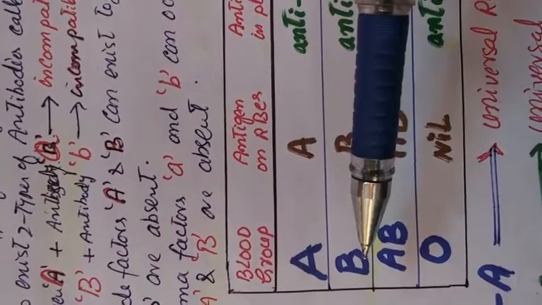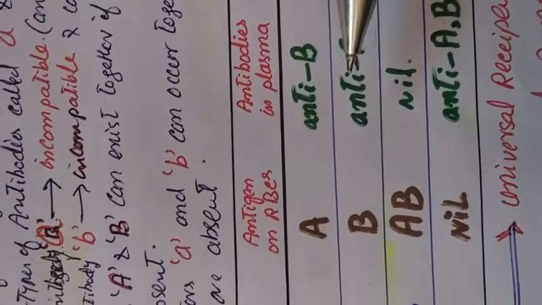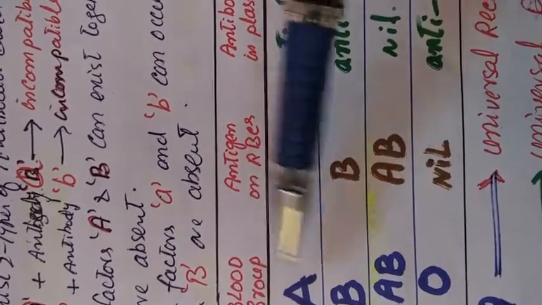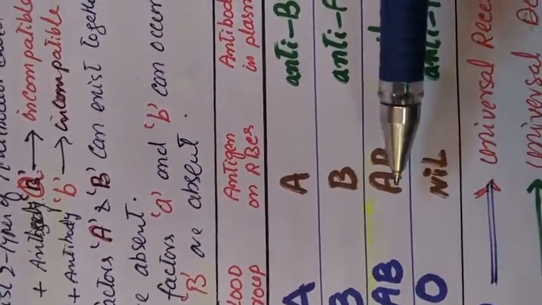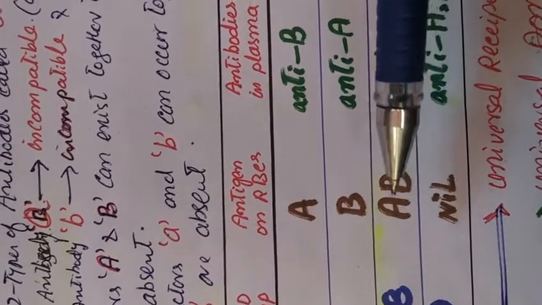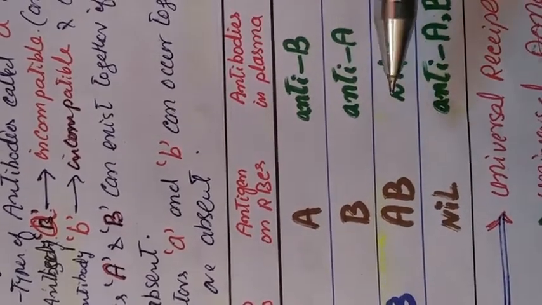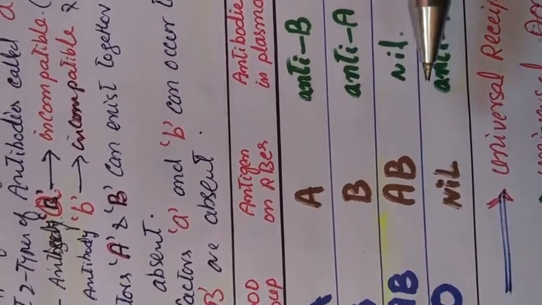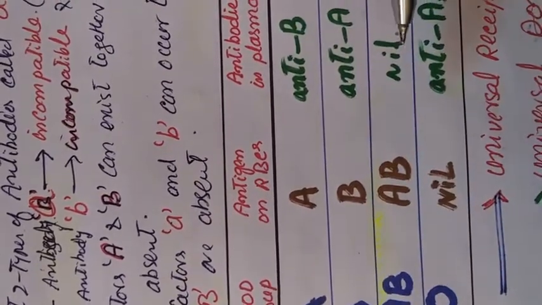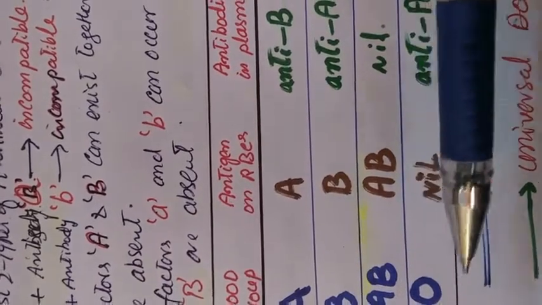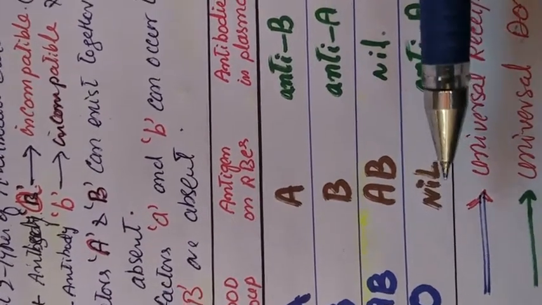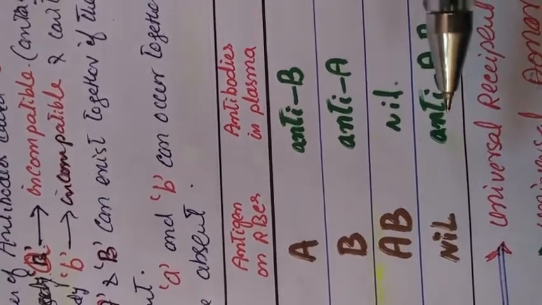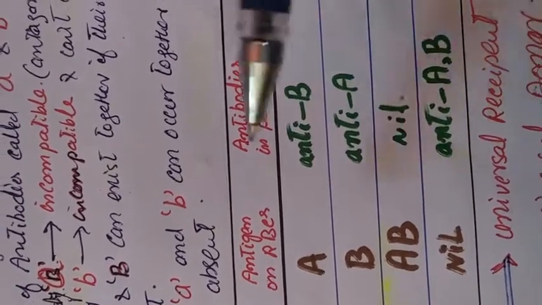Similarly, blood group B will always have antibody A in its plasma, while blood group AB cannot have either antibody A or B in its plasma. Therefore, the antibodies in the plasma of blood group AB are nil. Similarly, a person having blood group O has neither antigen A nor antigen B, which means it has both antibody A and antibody B in its plasma.